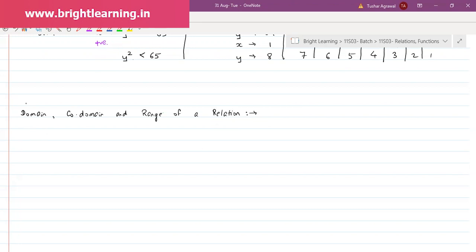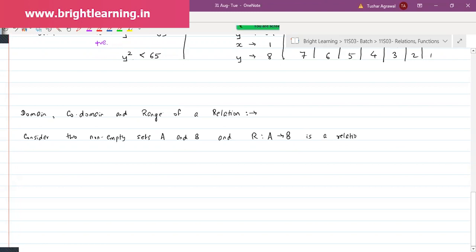Let's say first we have two non-empty sets A and B, and R is a relation from A to B. So domain of R.